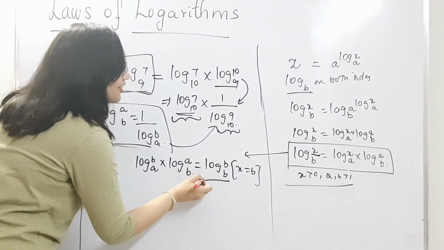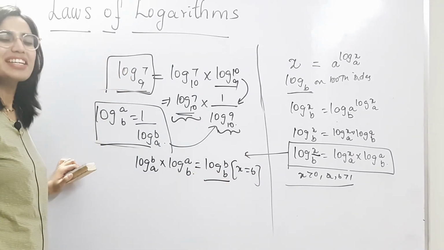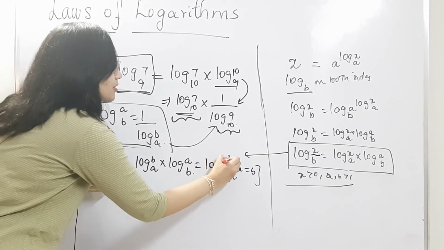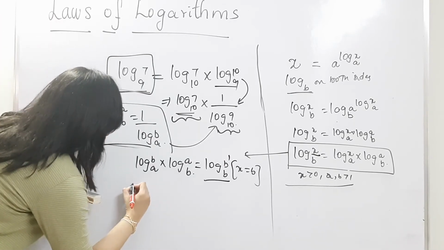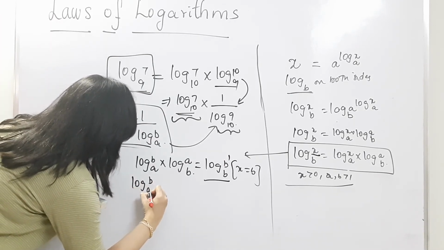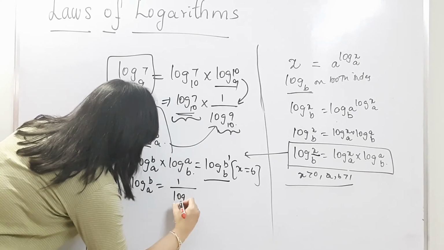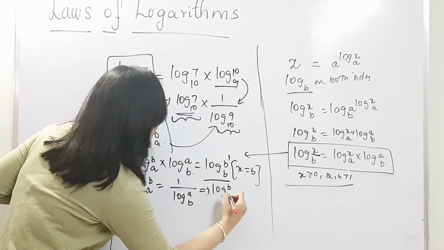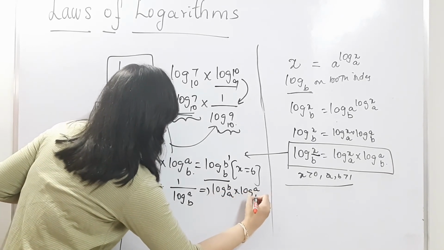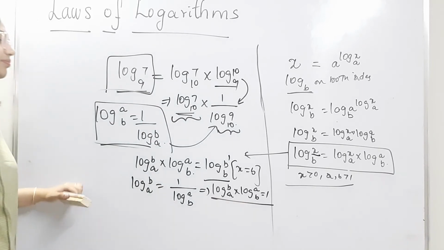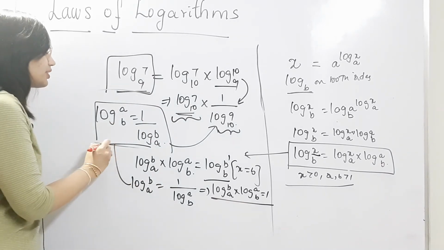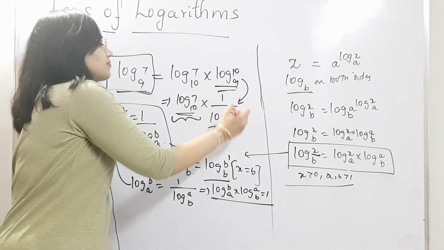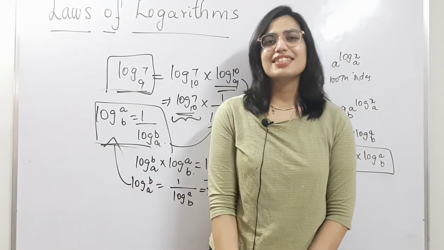And you know for a fact that log a to the base a, or log 10 to the base 10, or log b to the base b is 1 because the power is 1. So, we will get log b to the base a is equal to 1 by log a to the base b. That is nothing but log b to the base a into log a to the base b is equal to 1. Okay, that is how we have written the inverse. And from here, we have deduced the value of this and we convert it into this. So, this is about laws of logarithms.